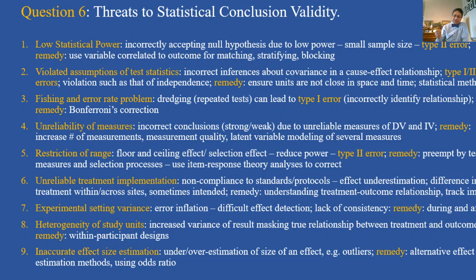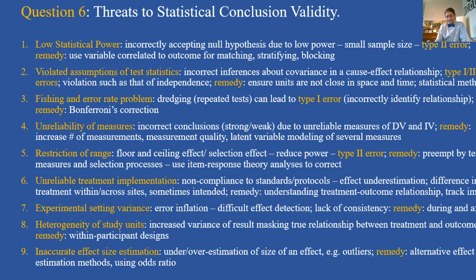Remedy is usually preempting such restriction by pilot testing measures and selection procedures. So the measures to be used and the selection procedures are pilot tested before actual study, and also using item response theory analysis to correct any restriction problem.